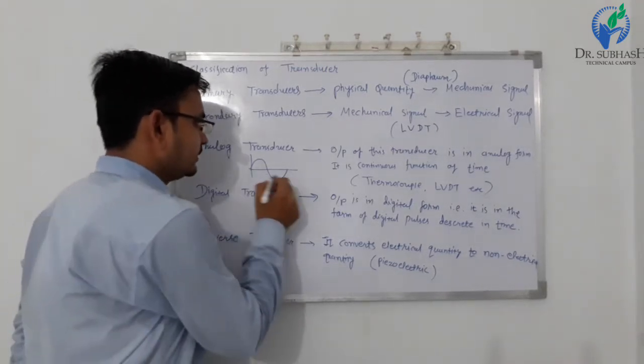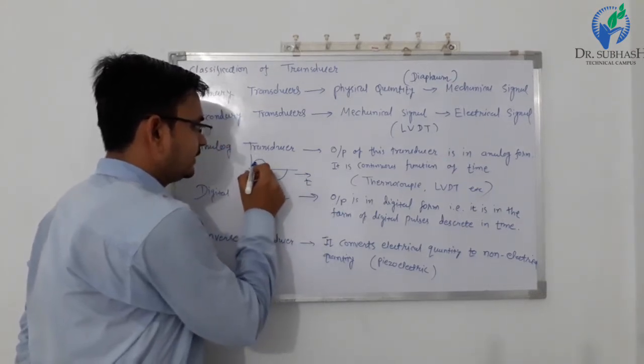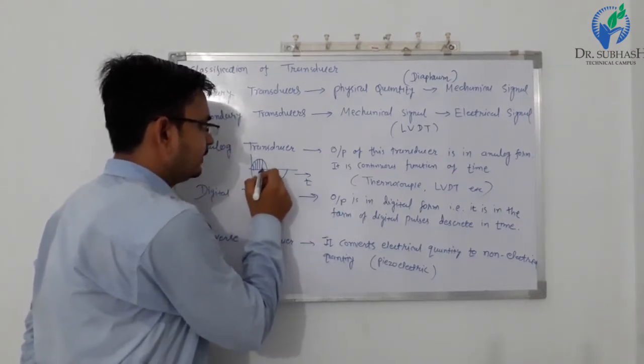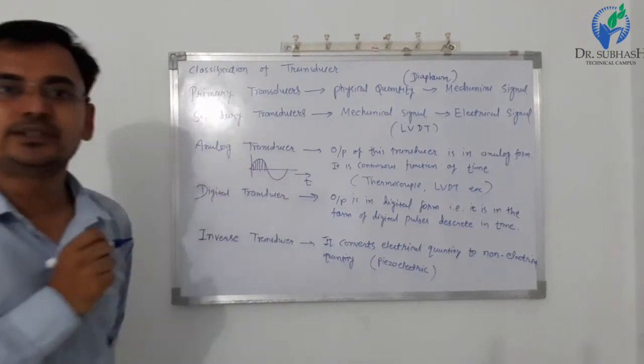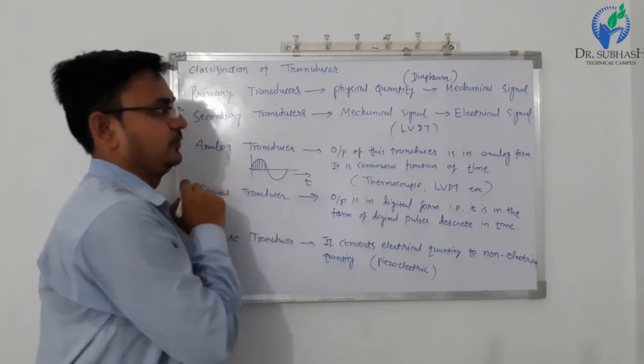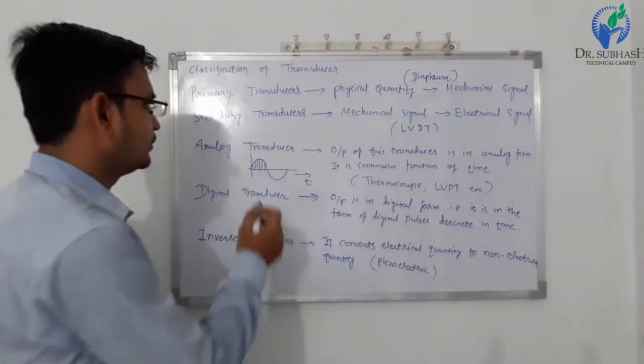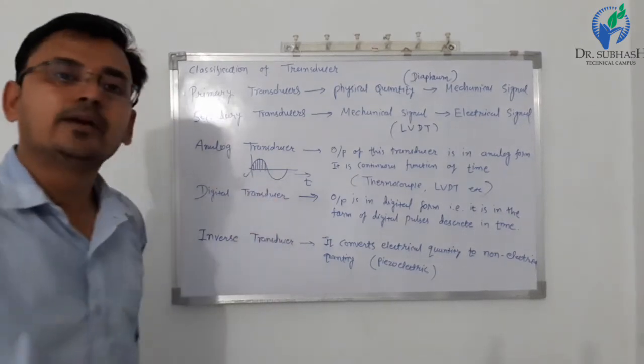Why? Because if the time changes, then the amplitude also changes. So at a particular time there is a particular amplitude. So it is a continuous function of time. So the sine wave is an example of an analog signal.